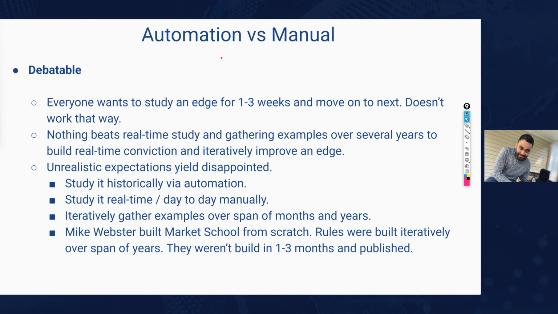Personally, the way I came up with something like a structural base, the whole number, the uppercut, hold and hold levels, is doing historical studies to see how I can get into these types of stocks consistently. That comes from historical study, but nothing beats going through several market cycles in real time, gathering information and doing that day to day, week to week. Nothing beats that, in my opinion.